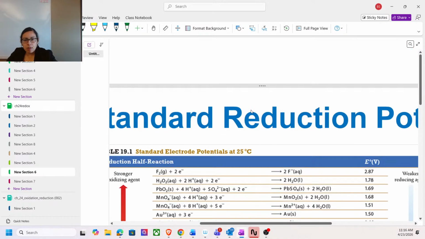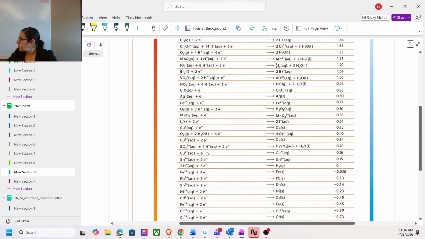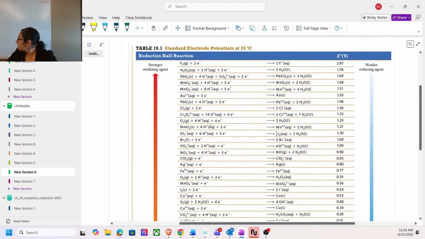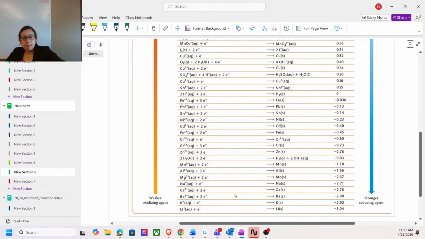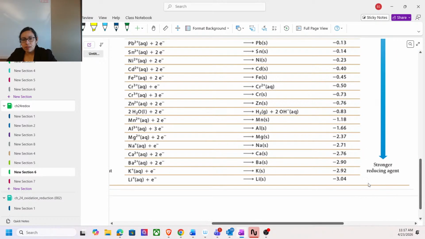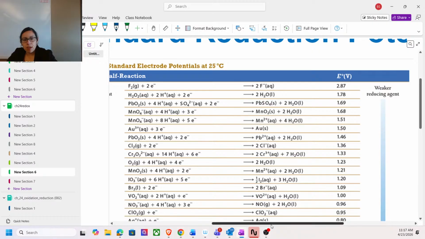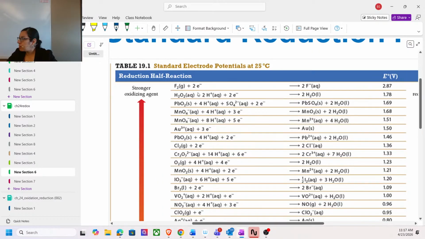They're called standard reduction potentials since they're written in the reduction form, so all the electrons are on this side. And this chart gives us a hint: the more negative, the stronger reducing agents, our workhorse, versus up at the top we have our stronger oxidizing agents.